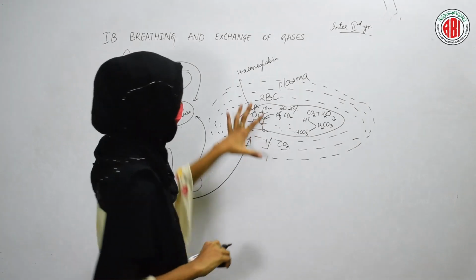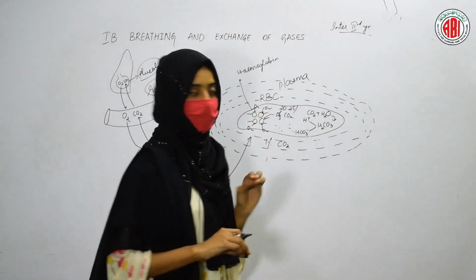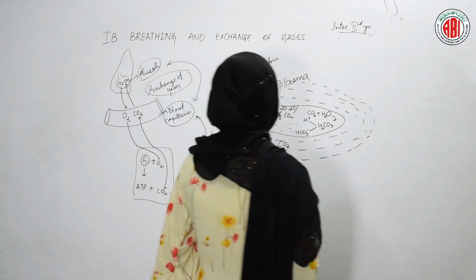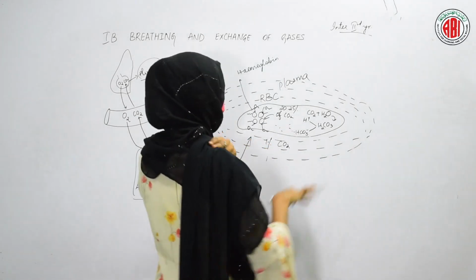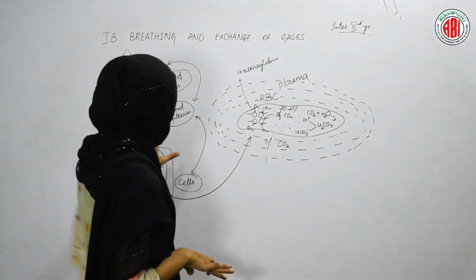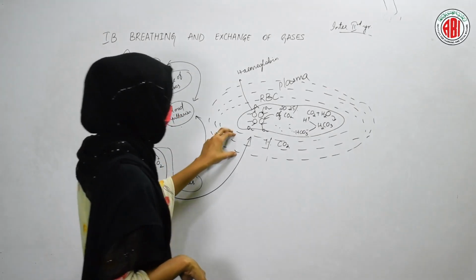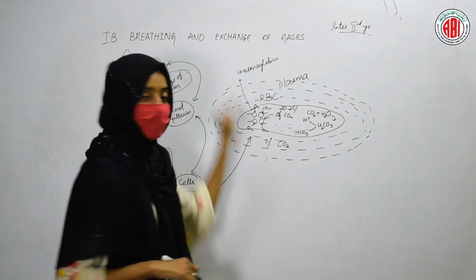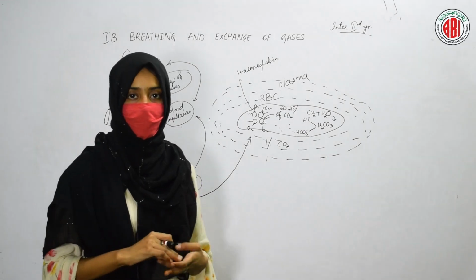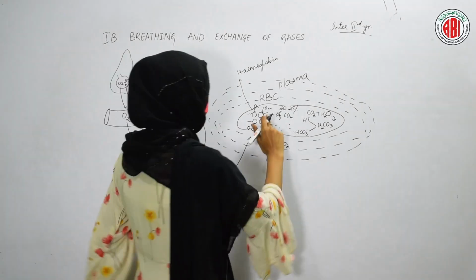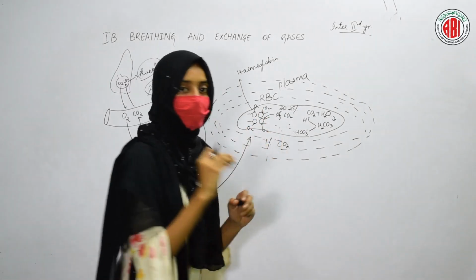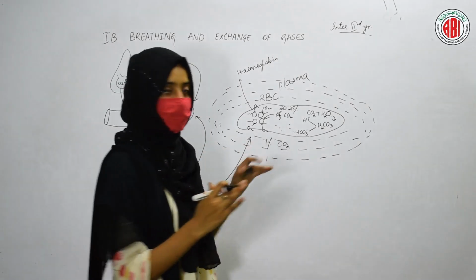All these things are happening in the blood of our tissues. Once the blood reaches the tissues, certain reactions are going to happen. The carbon dioxide from the tissues or from the cells enters into the blood. It decreases the affinity of the hemoglobin for oxygen. Hemoglobin is not going to lose the oxygen molecule easily.